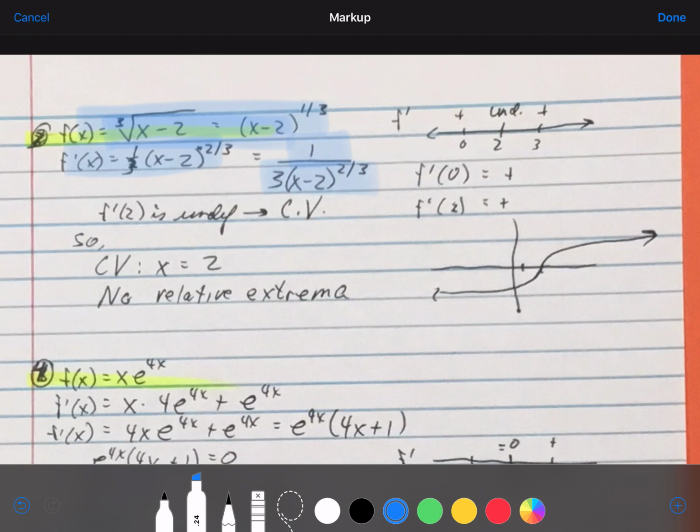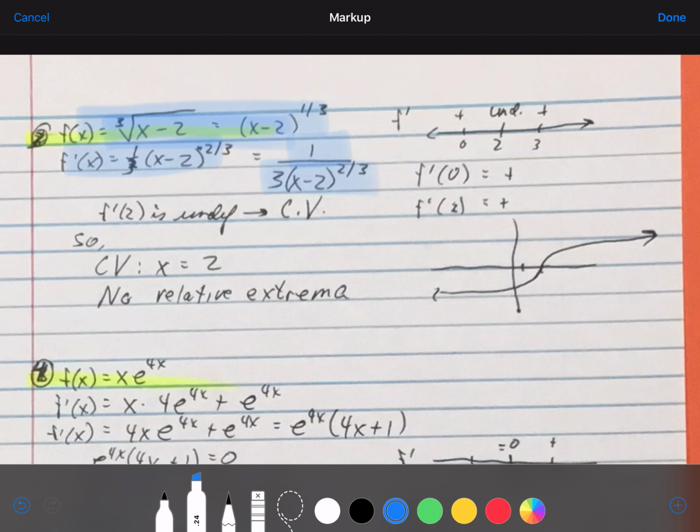But first thing, looking for critical values, we said we have to know where the first derivative is either equal to 0 or undefined. So I want to make sure that my first derivative is written into a form that makes it easy to determine that, right? So we're undefined where x equals 2, right? So f prime of 2 is undefined.